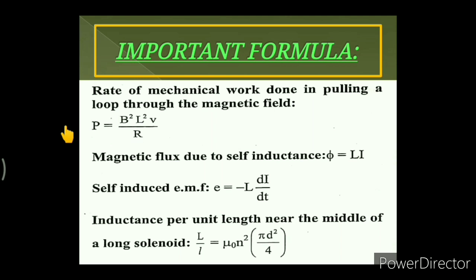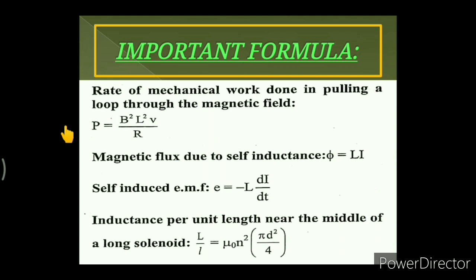Then we have studied self-inductance. The production of induced EMF in the circuit or coil itself on account of a change in current in it is termed the phenomenon of self-inductance.